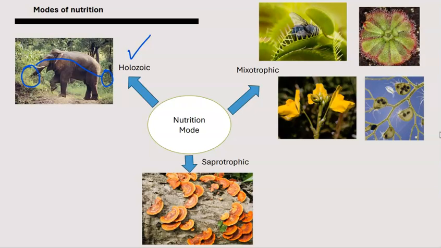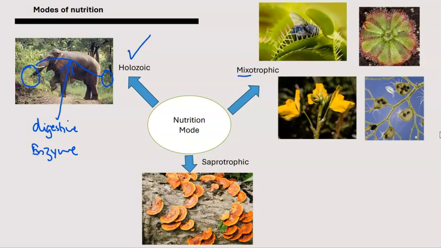The food is subject to digestive enzymes before the products of that digestion are absorbed into the organism's circulatory system. The Holozoic mode of nutrition is not restricted to herbivores, but includes carnivores as well.